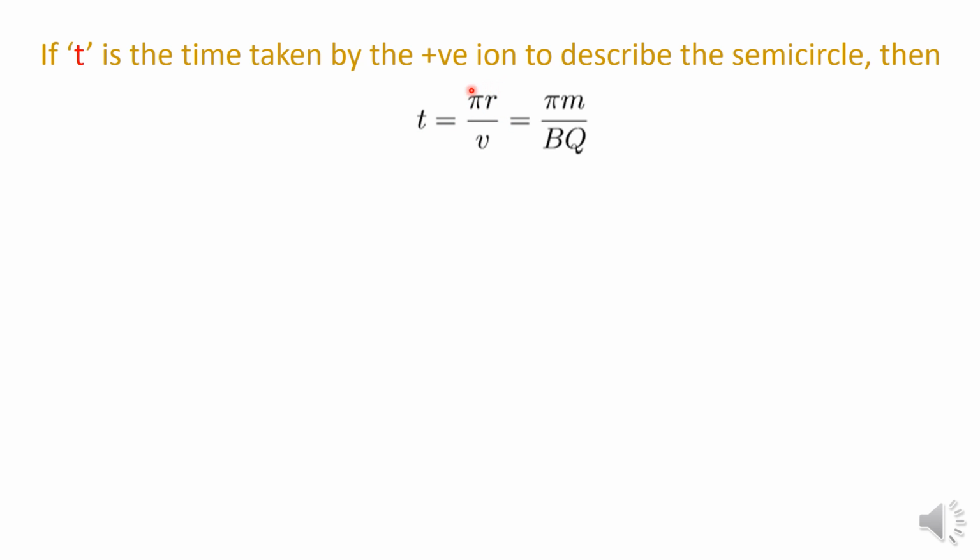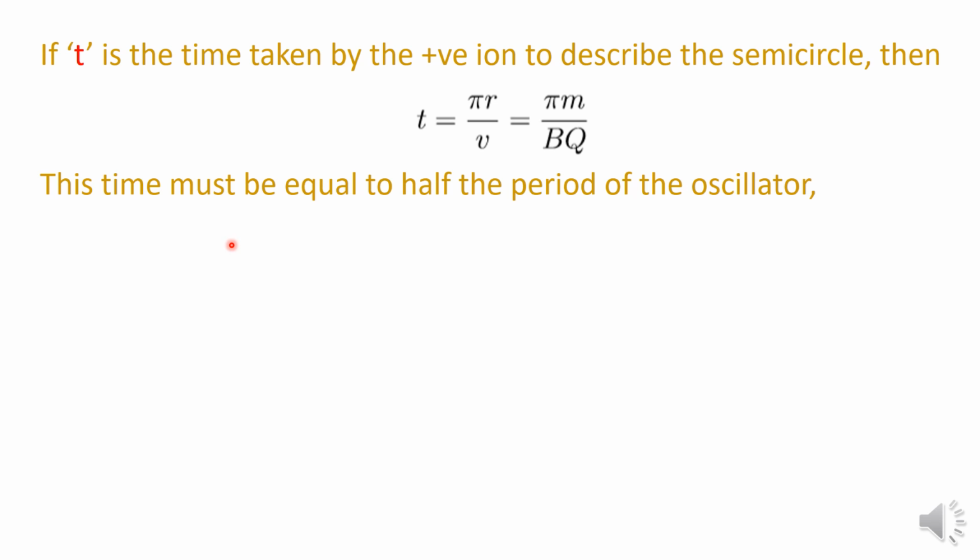The distance travelled to describe a semicircle is half of the circumference, therefore the distance travelled is pi r, and v is the velocity. Substitute the velocity value here and you will get the expression for the time taken by the ion to describe a semicircle as pi m by bq.